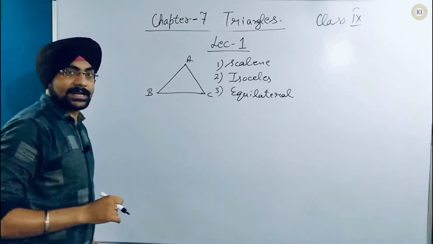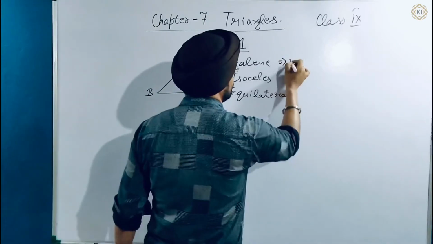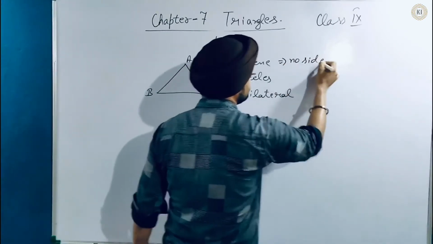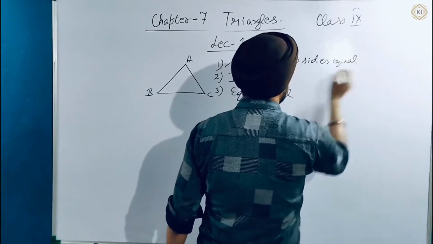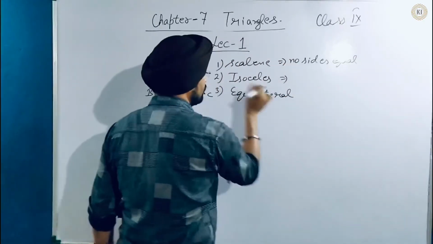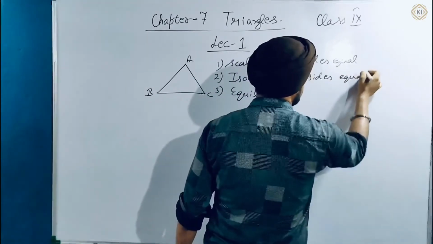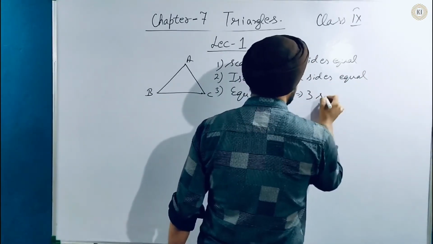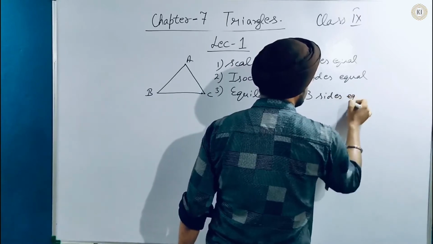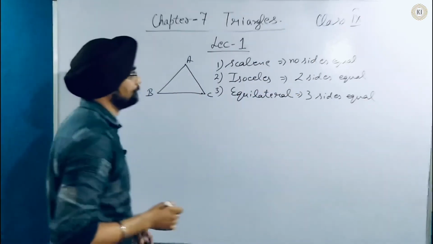Scalene triangle is a triangle having no sides equal. Isosceles triangle, you will find two sides equal, and equilateral triangle, you will find all the three sides equal.